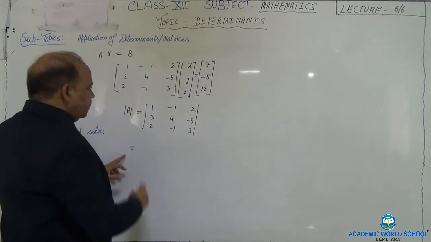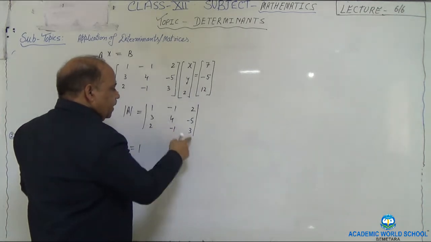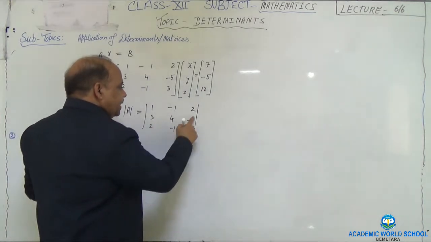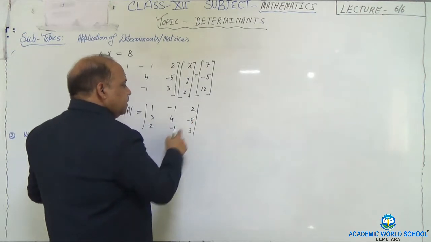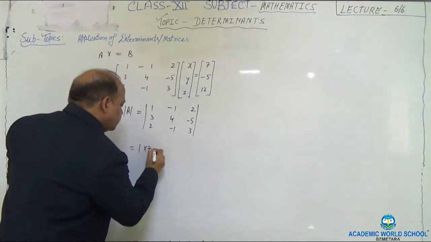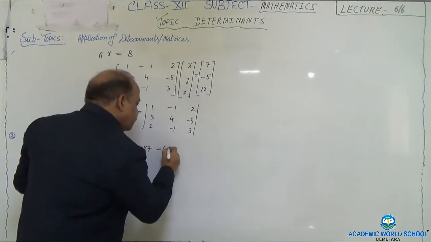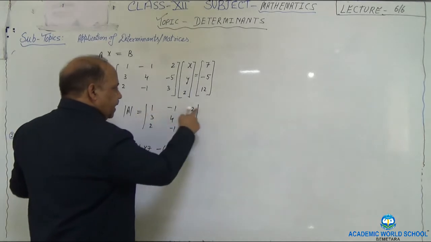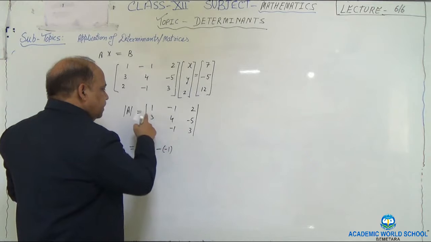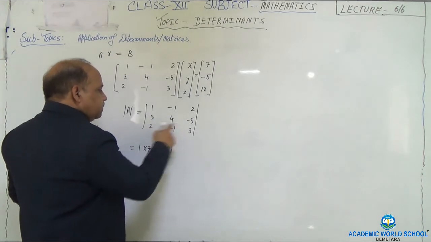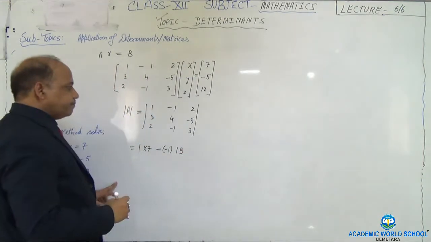So if I write the value 1, leave this part, 4 3s are 12, and then it will become minus minus plus, 12 minus 5, it gives you 7. Then minus, because of this place, into minus 1, leave this part. 3 3s are 9, 9 plus, 5 2s are 10, this will give you 9 plus 10, it becomes 19.